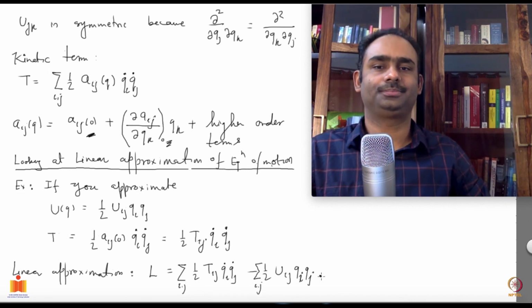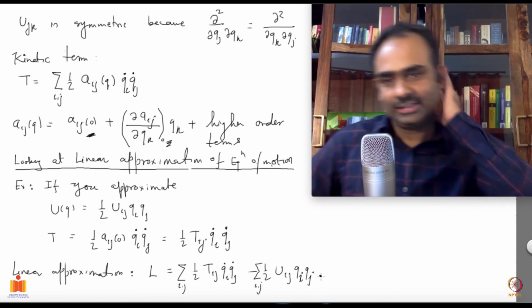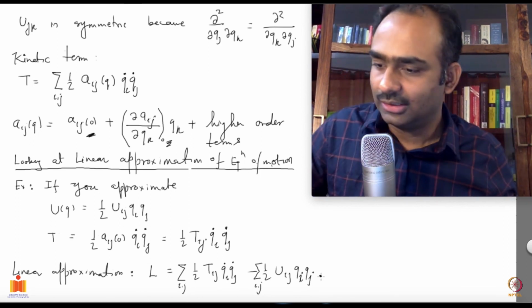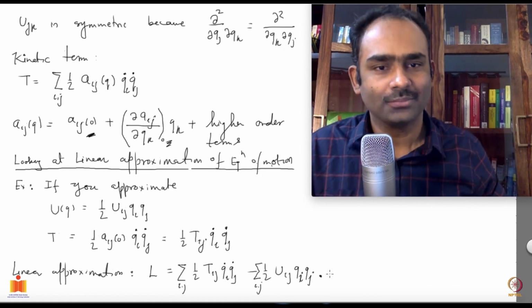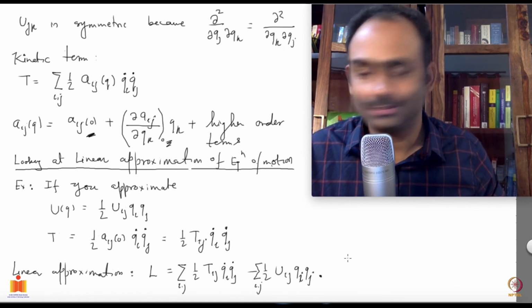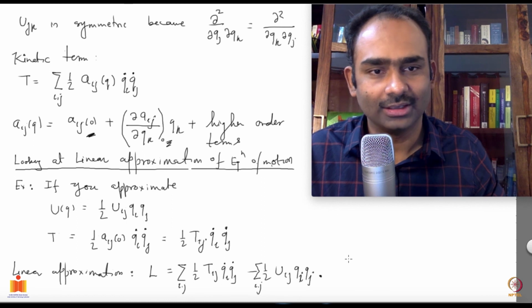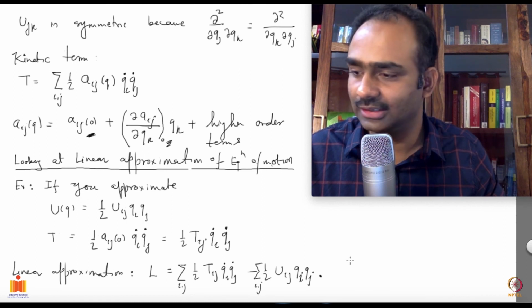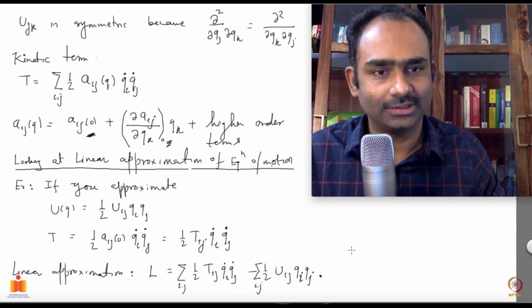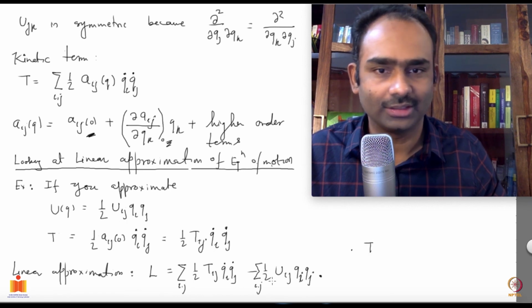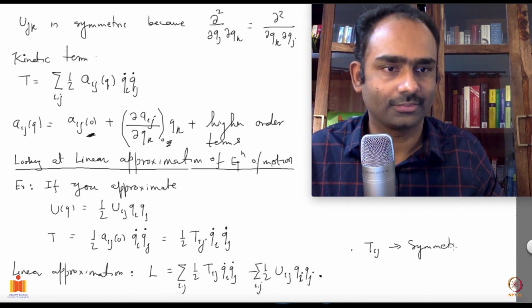That's nice. So this will be our starting point for analyzing any system near its equilibrium configuration. And let me just mention that this T_ij is a symmetric matrix, and U_ij is also symmetric.